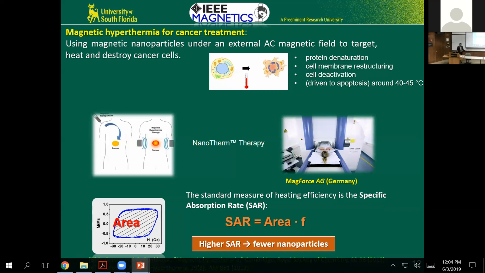All these will improve the SAR, okay? Now the question is, can we just do any of these and play around and optimize the conditions? Because keep in mind that ultimately these are particles that are going to be put inside the human body. So we want to reduce the number of foreign particles. We need to generate a large SAR with a small volume of particles, and find the right conditions to do that.